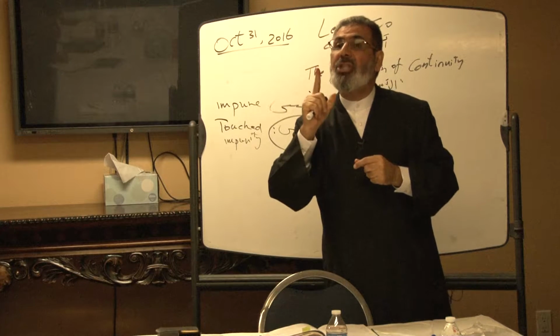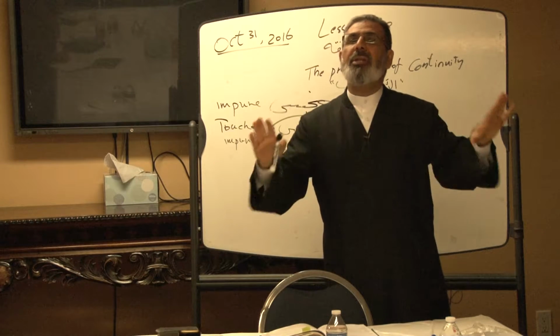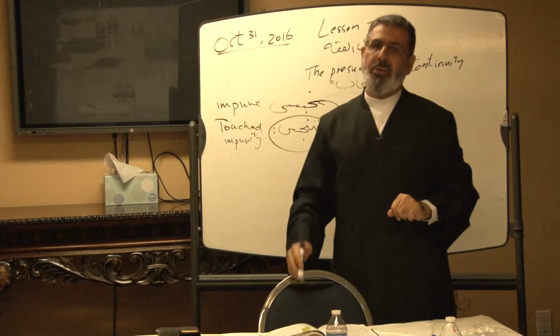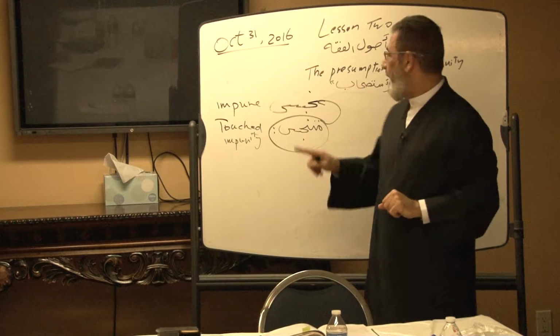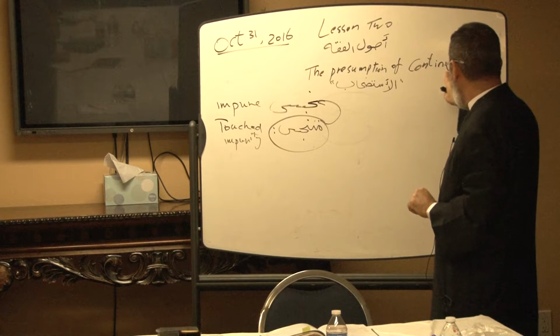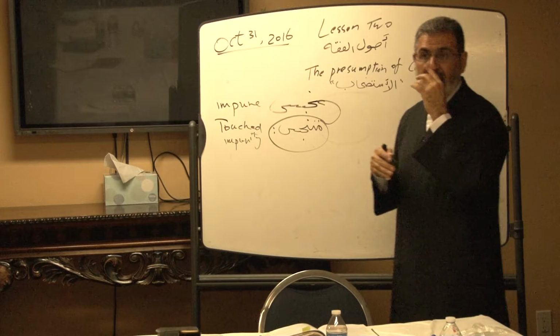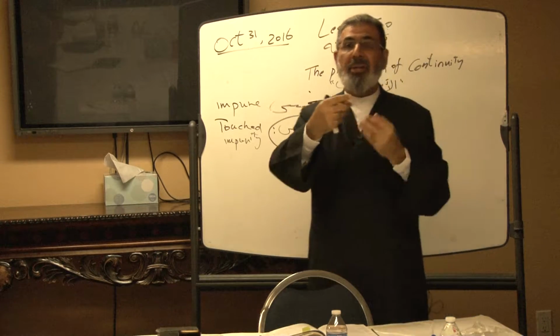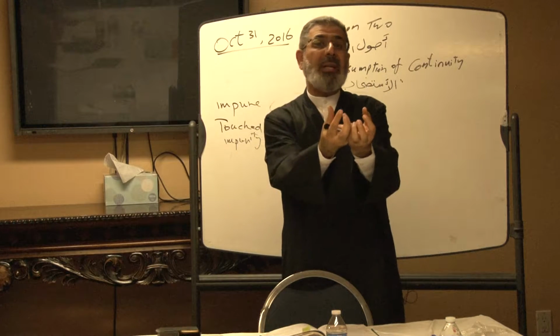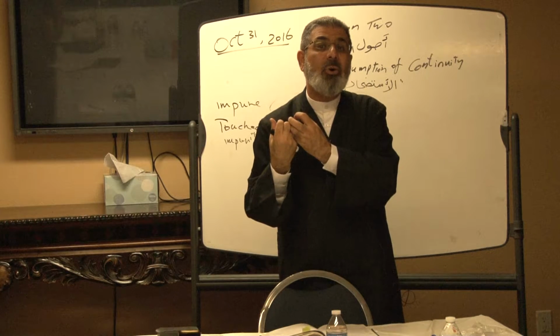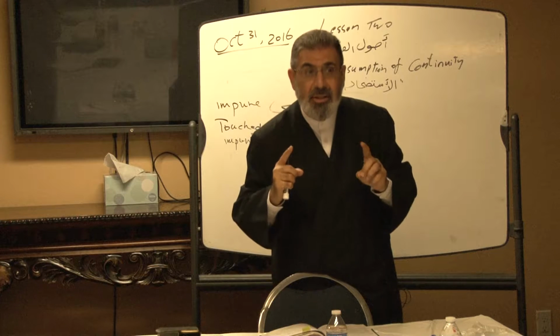I have doubt, shak. Here I don't care about the shak, the doubt. I continue with my certainty. I continue, the presumption of continuity. I use this principle, istishab. I carry on because this doubt was not powerful enough to destroy or overcome my certainty.